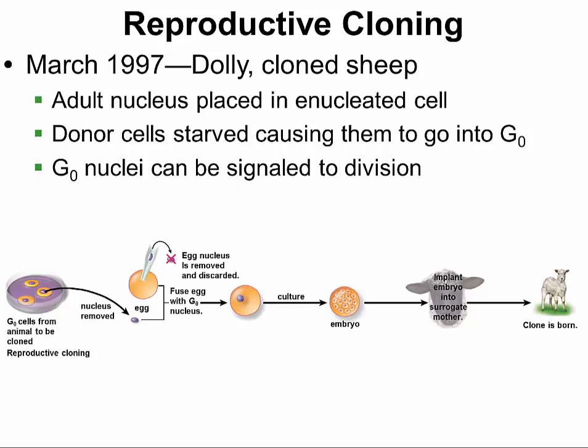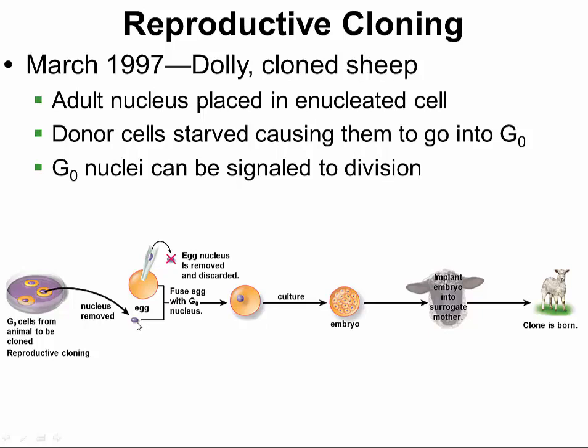At this point, we take a nucleus from this G0 cell and pull it out. And then we need an egg from a sheep. This is from any old sheep. And so we take that egg and we suck out that nucleus. The nucleus of the egg is haploid. Then we take this diploid nucleus.